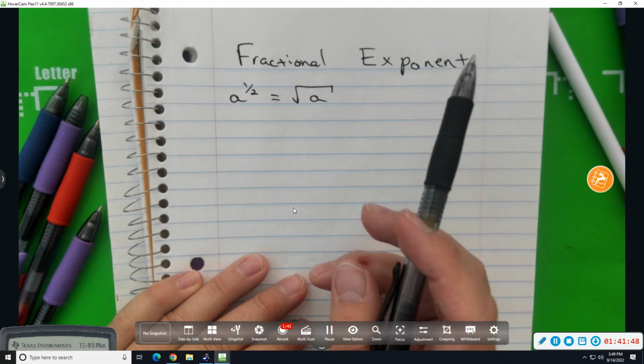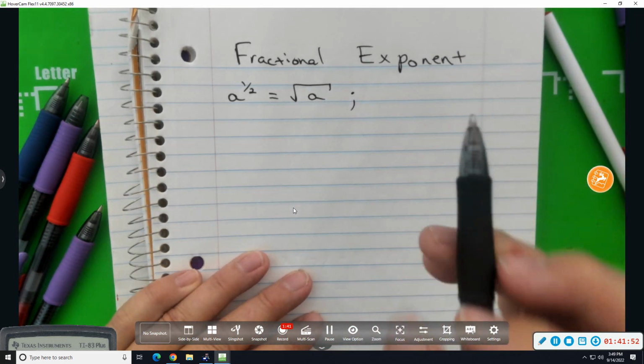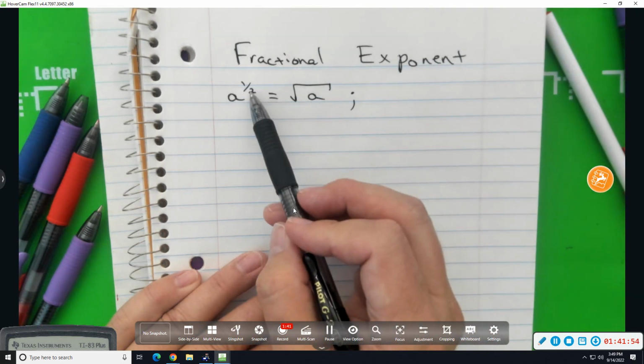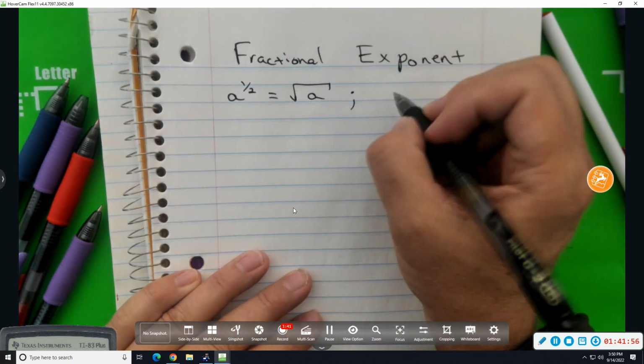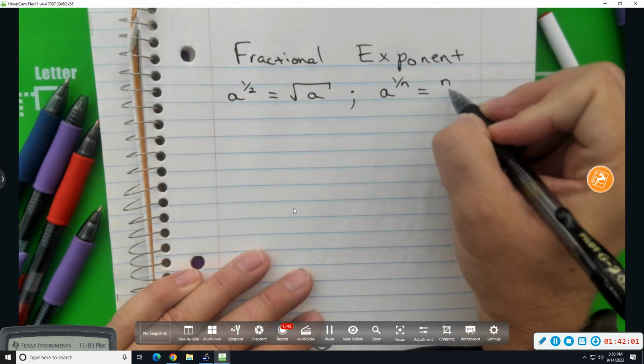So this is something that's going to pop back up, and it's going to be important. In general, suppose that little denominator is not a 2. A to the 1 over n is the same thing as the nth root of A.